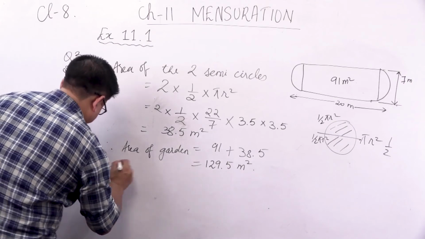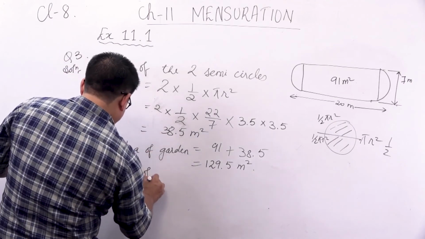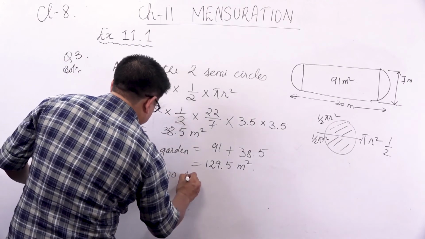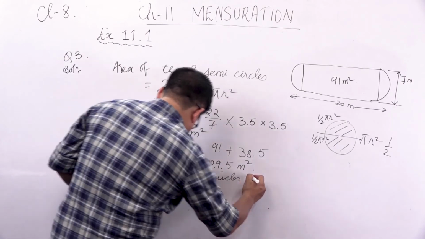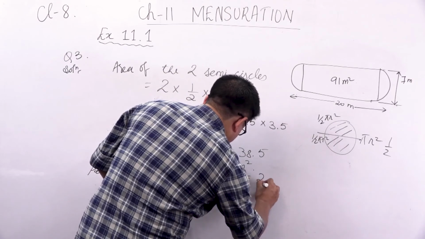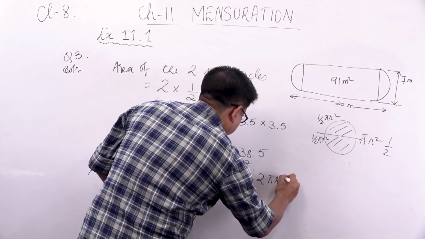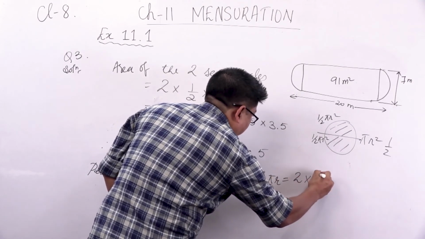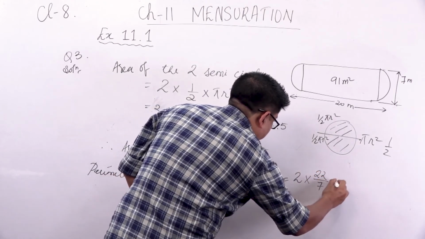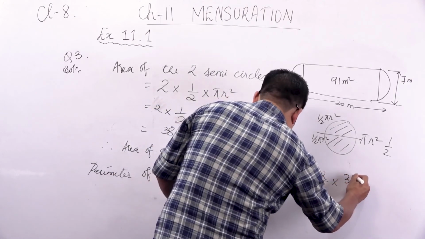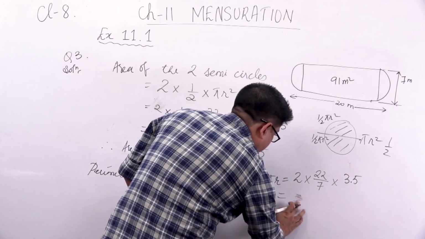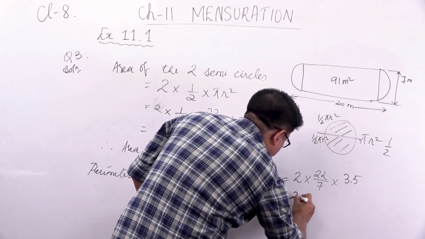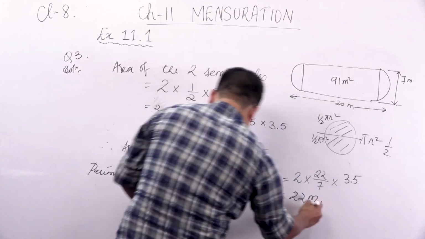Now, we find perimeter. So, perimeter of two semicircles is equal to 2 pi r. This can be written as 2 into 22 by 7 into 3.5. When you solve this, you get the answer as 22.